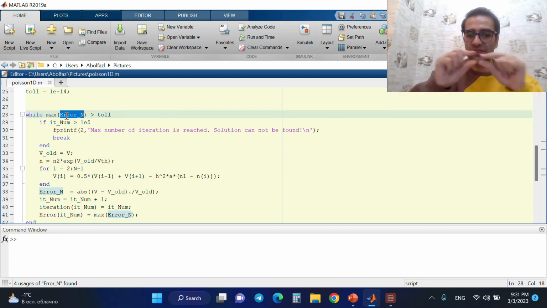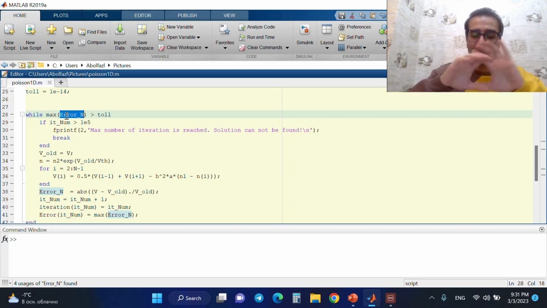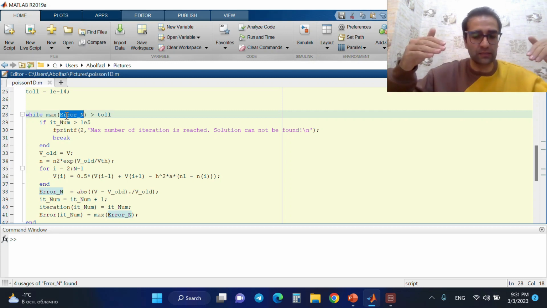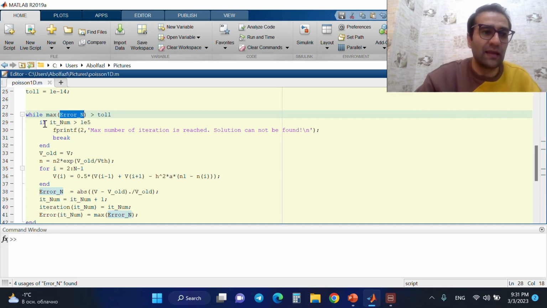Because the number of grids is n, the difference between the old solution and new solution at each grid should be known. And when we are sure that the maximum of this error is less than tolerance, then the other errors are less than the maximum, right? Therefore they should also be less than tolerance.